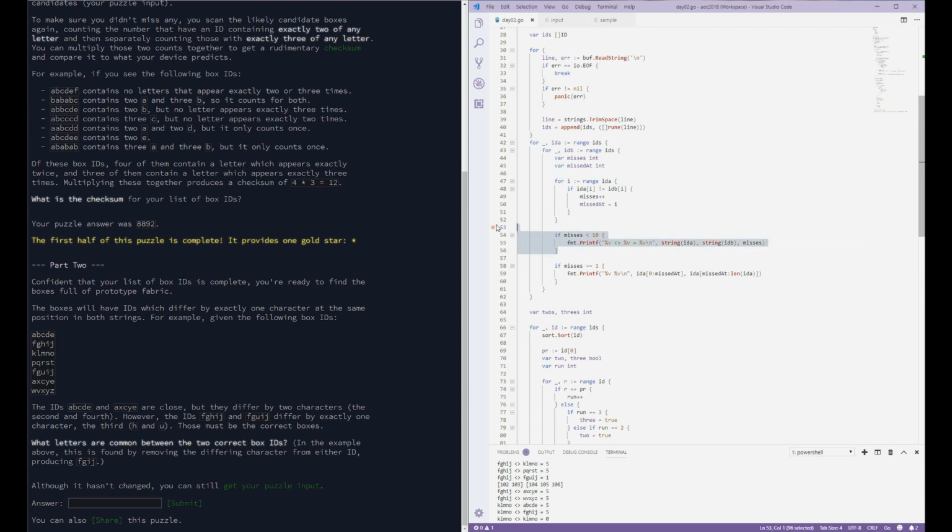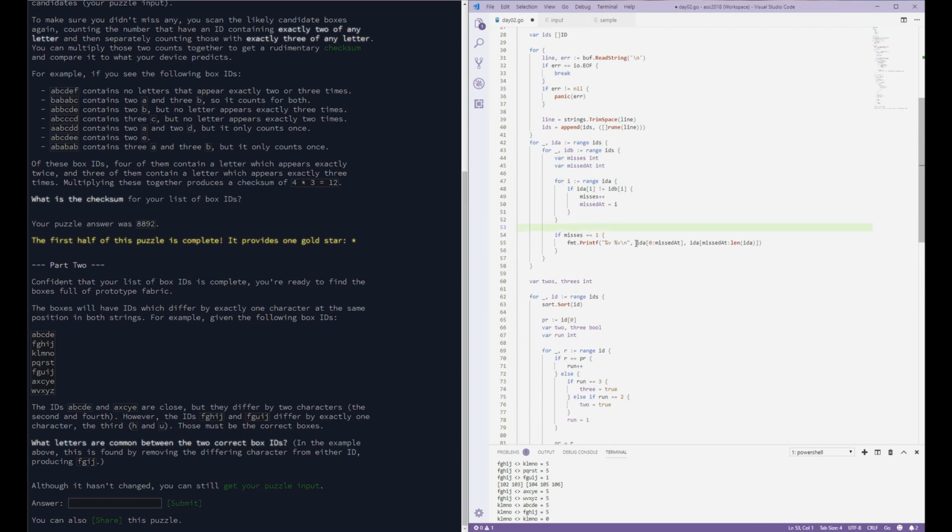Let's remove that part. Let's do string. Let's do that to indicate that it's missing. Is it missing?